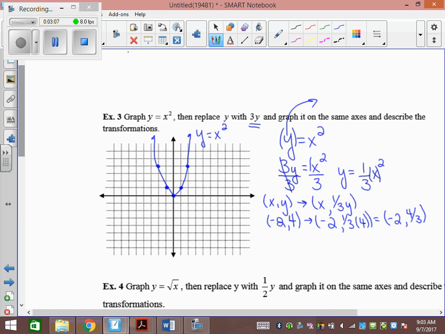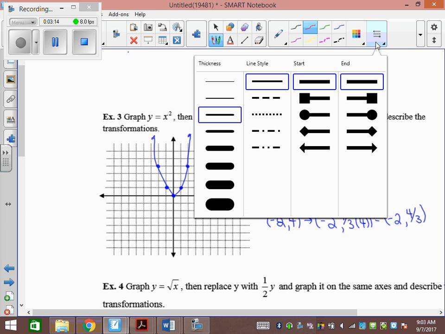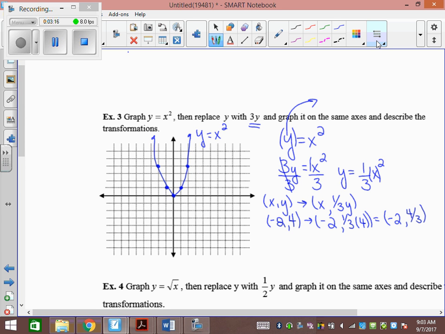4/3 is like 1.333333, right? So we're just going to sketch it. I'm going to use a different color. And then we have -1 and 1. So that's going to become -1 and then 1/3 times 1.